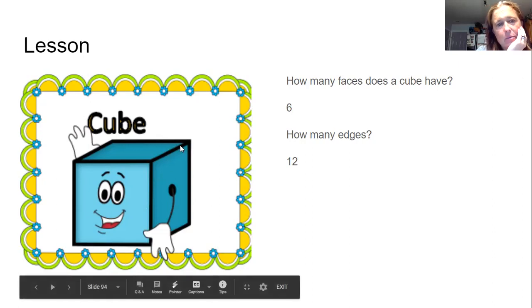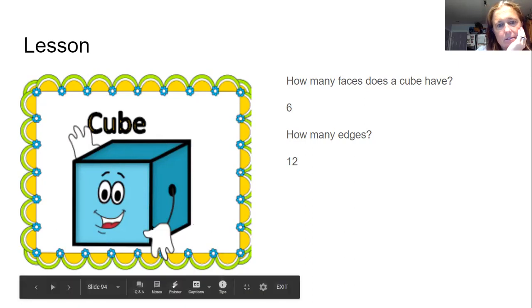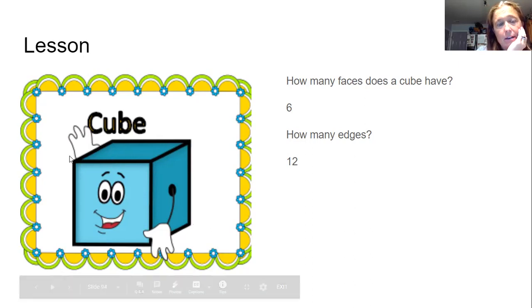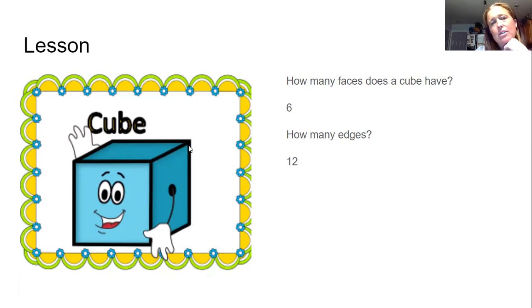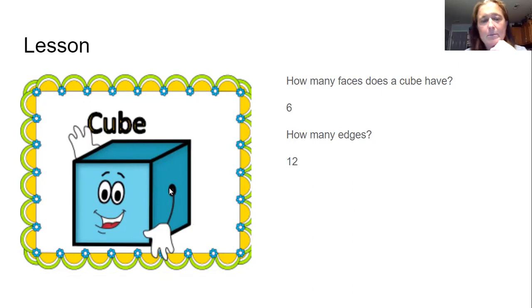If we count all these edges up all around the cube, now remember, some of these edges are used twice. So like this edge, we wouldn't have 4 plus 4 plus 4 plus 4 plus 4 because this edge is used both in this top piece and this side piece.